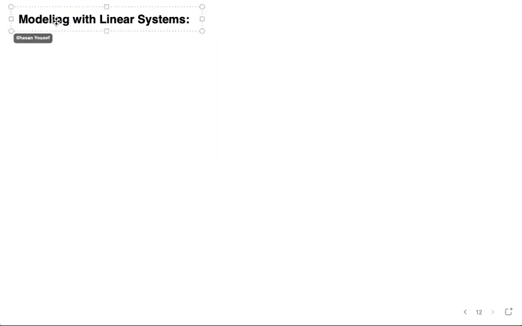So the question in the exam comes like this. It's called modeling with a linear system. And to solve the modeling of a linear system, we have to use these methods. So now, modeling with the linear system.